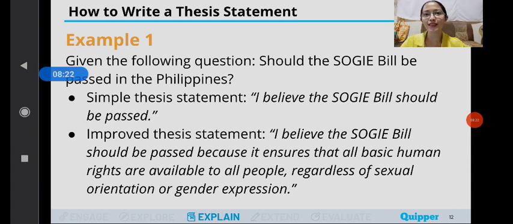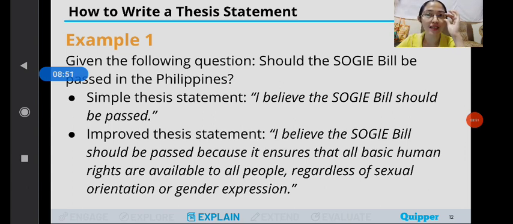Okay, do you think that the characteristics of a thesis statement are shown in our improved thesis statement? Yes, okay. Why? Because the first characteristic of a thesis statement is that it shows a stand on an issue. Where is the stand here? The author believes that the SOGI bill should be passed.